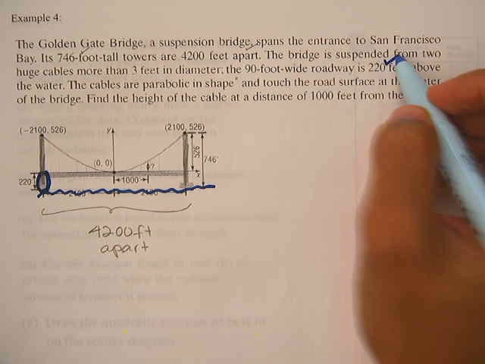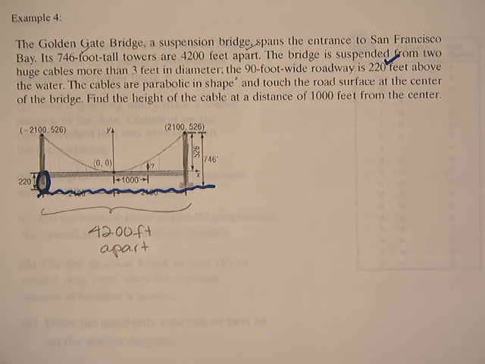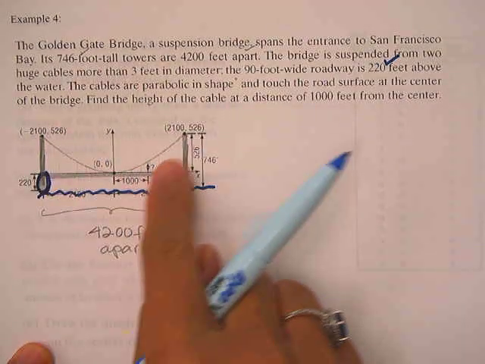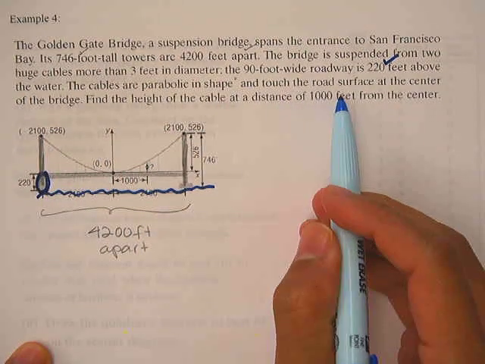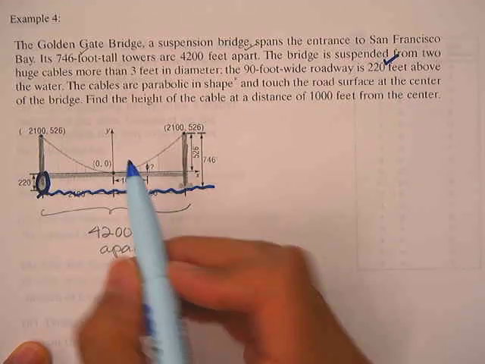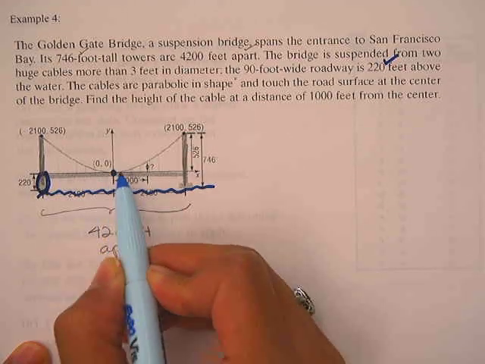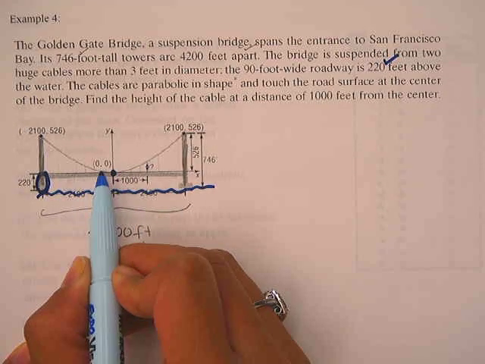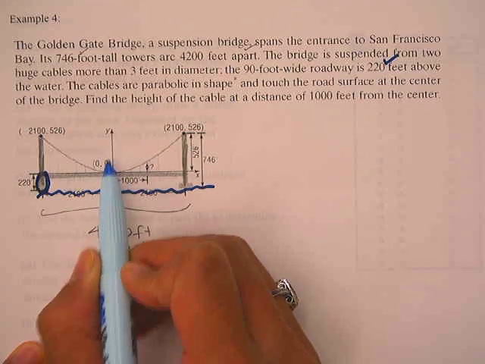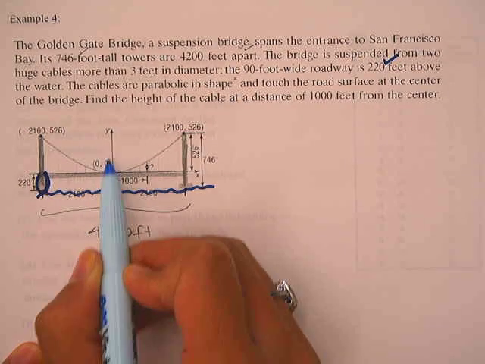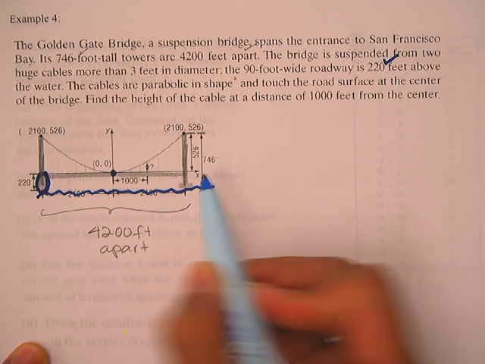So we got that filled in. The cables are parabolic in shape, meaning it's going to be a parabola, and touches the road surface at the center of the bridge. So here's the center of the bridge, and it's going to give me a 0, 0. It's really talking about the origin. So here's the y-axis, here's the x-axis.